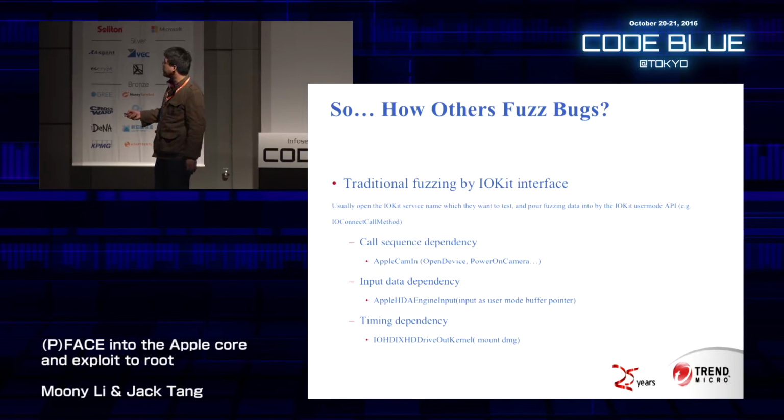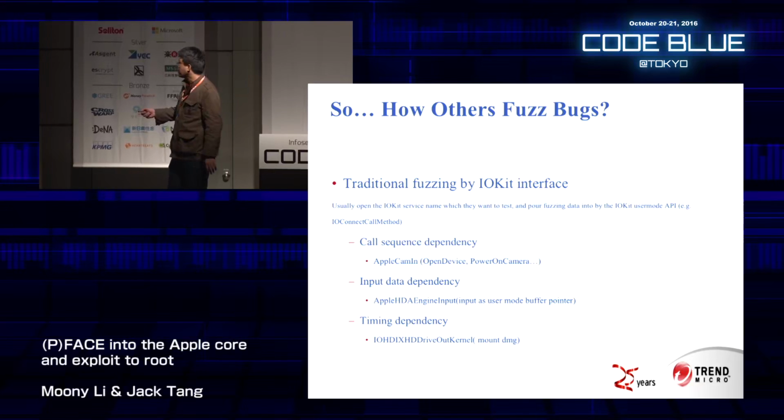Another is the timing dependency. As we have found, there exist some services that appear only at certain times. For example, if you open one DMG file, then this service, the disk image kernel service, would appear in your OS X machine.